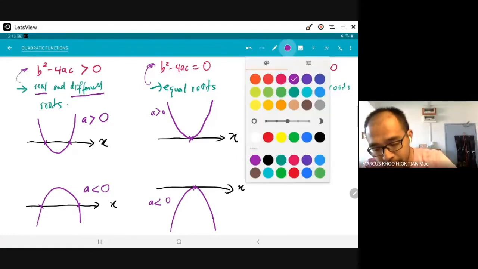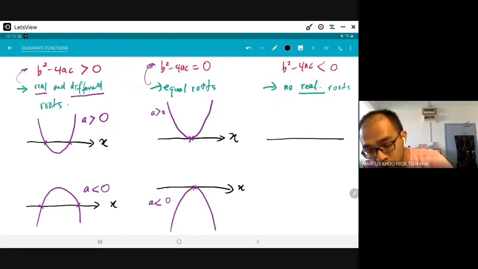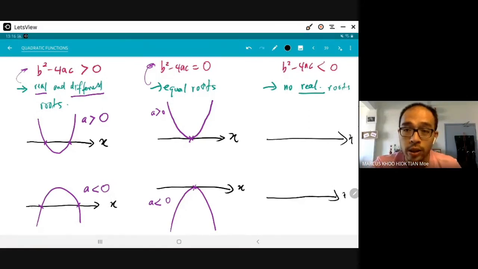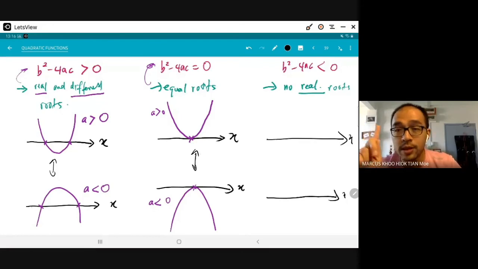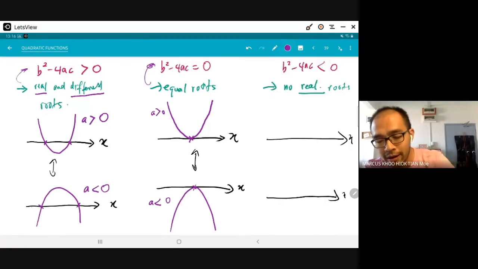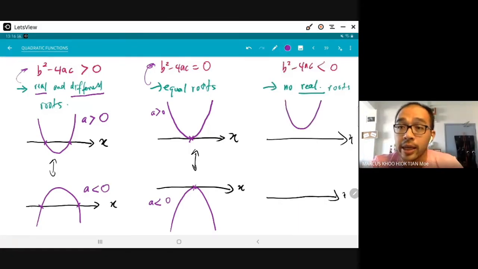And lastly, if there are no real roots, I hope you can imagine what is going to happen. Kalau sini dia potong dua tempat, kalau sini dia potong satu tempat. No real roots simply means that the graph is just hanging in the air.